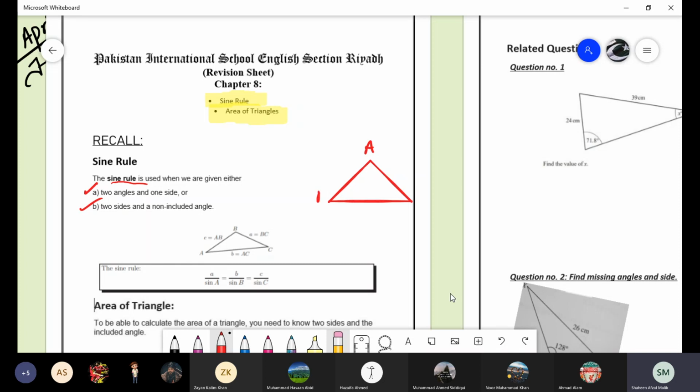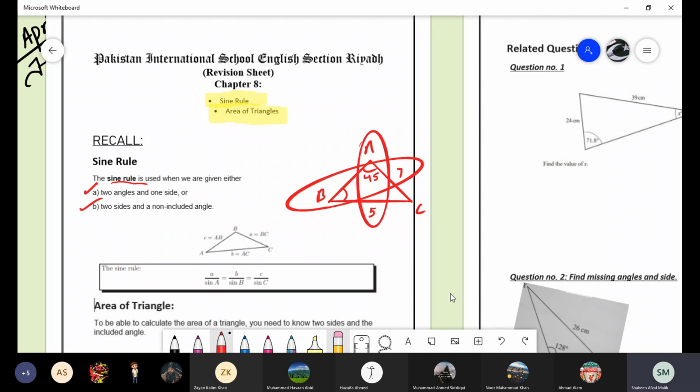Let's suppose this is a triangle ABC and opposite to this angle and this side is given, any side, and let's suppose this angle is 45 or 40, any assumed angle. If you have one complete pair and one half pair, in that condition we use the sine rule.